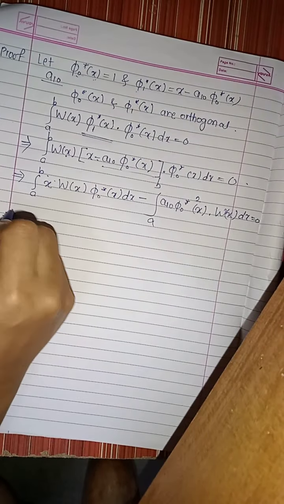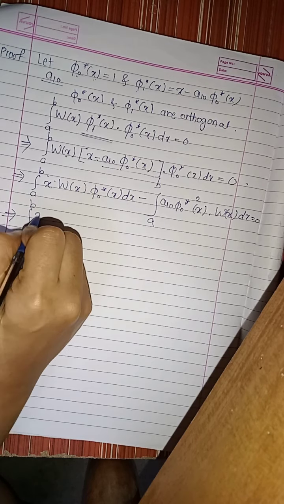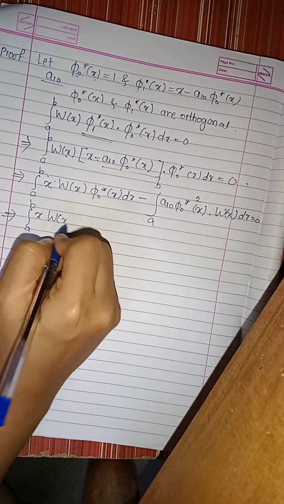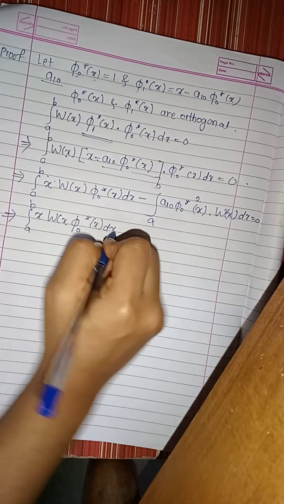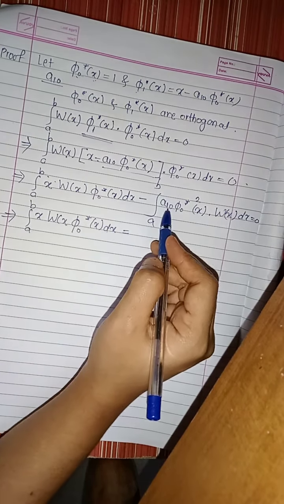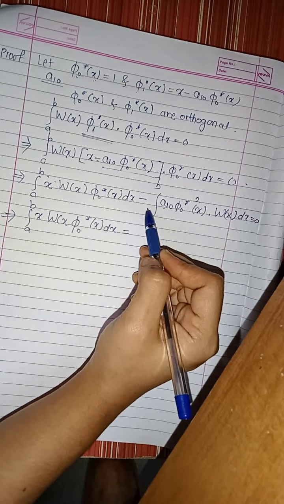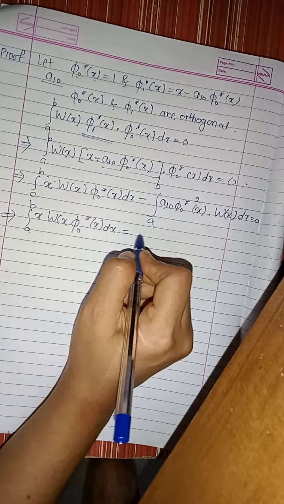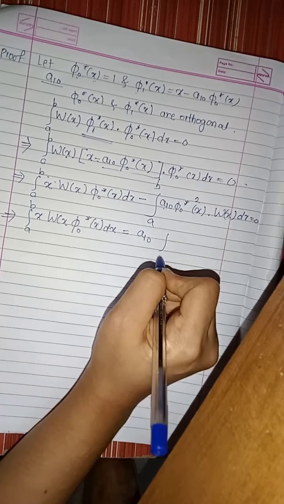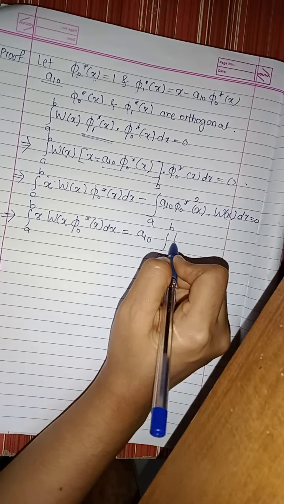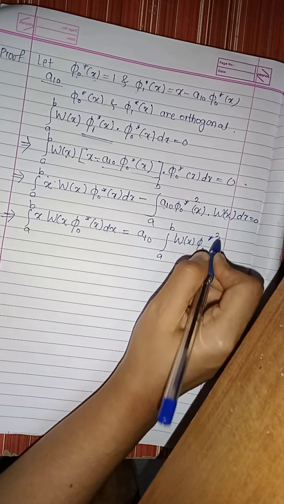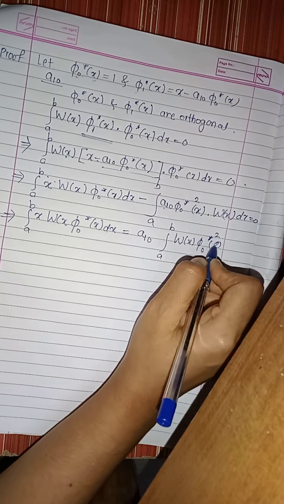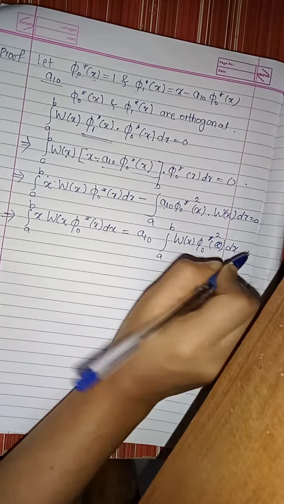So we will get ∫ from a to b of x w(x) φ0*(x) dx equals, now we can take this a10 outside because it is a constant term, so which is equal to a10 ∫ from a to b of w(x) φ0*²(x) dx.